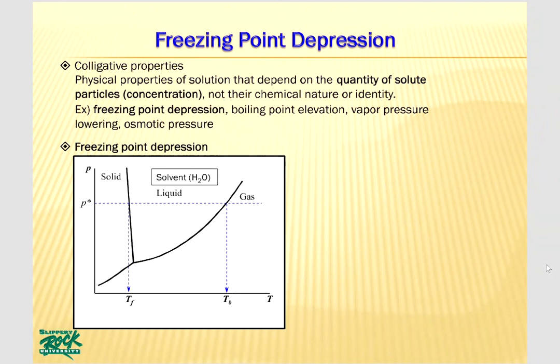When a non-volatile solute dissolves into the solvent, the vapor pressure of the solvent decreases due to the enhanced solute-solvent interactions. This defines a new phase boundary lines. At the same pressure, the boiling point of solution increases from Tb to Tb prime.